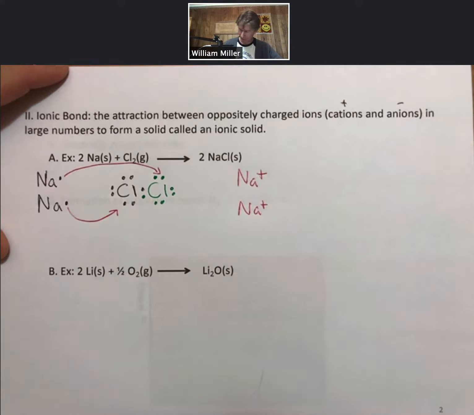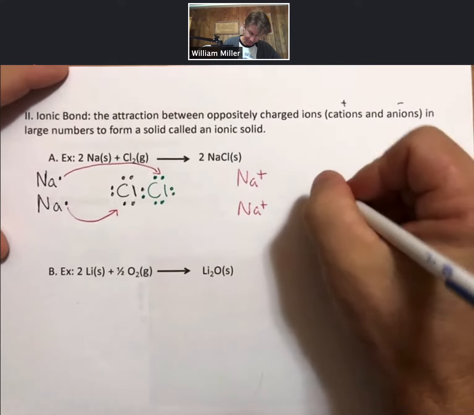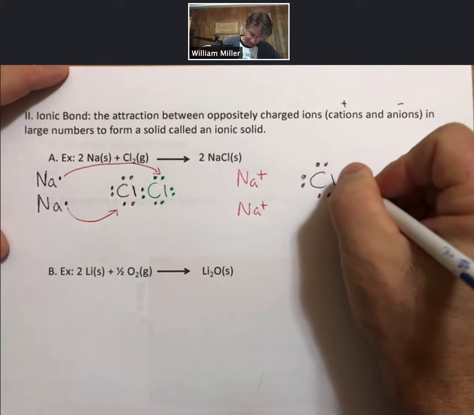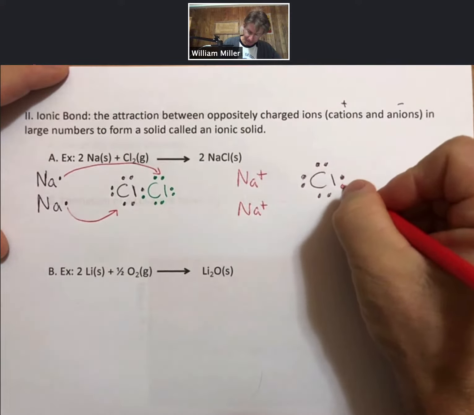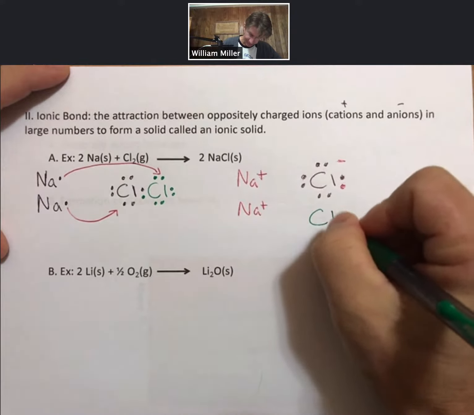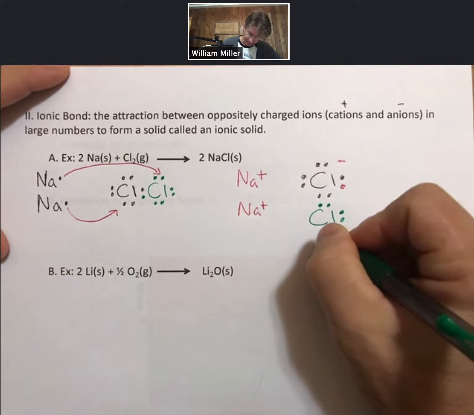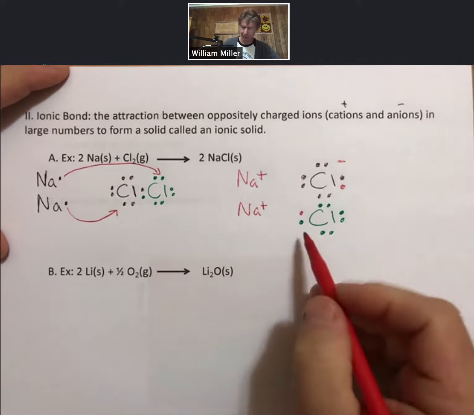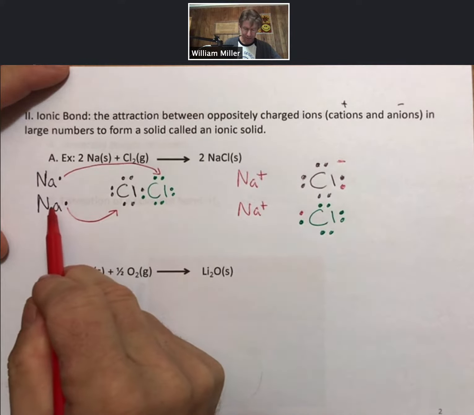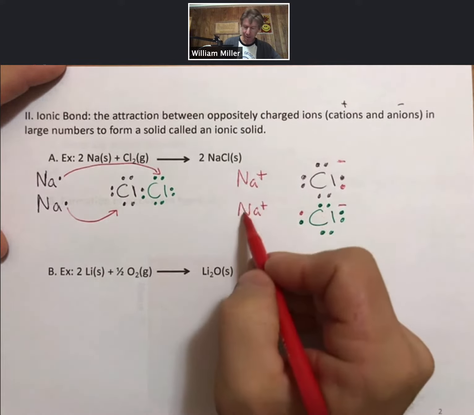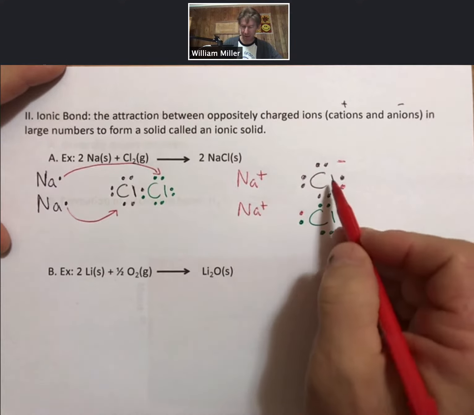Here's a Cl with all 7 of its original electrons plus 1 more electron to make it Cl minus, and then there's another Cl, the green one. Again, we cannot tell these electrons apart, but as far as keeping track of them, we can imagine that each sodium gives up an electron to each of the chlorines to create 2 sodium plus ions and 2 chloride negative ions.